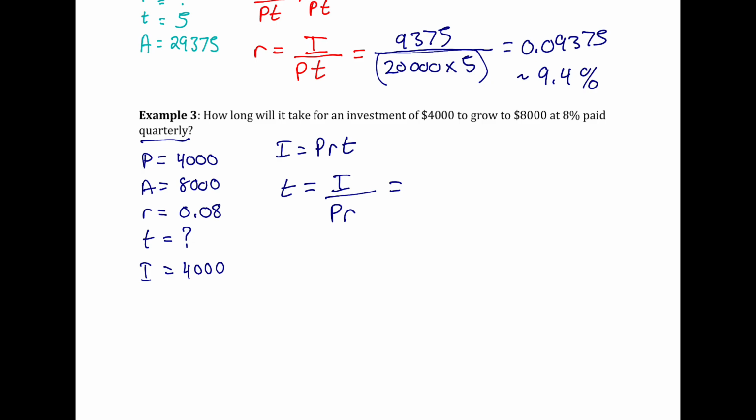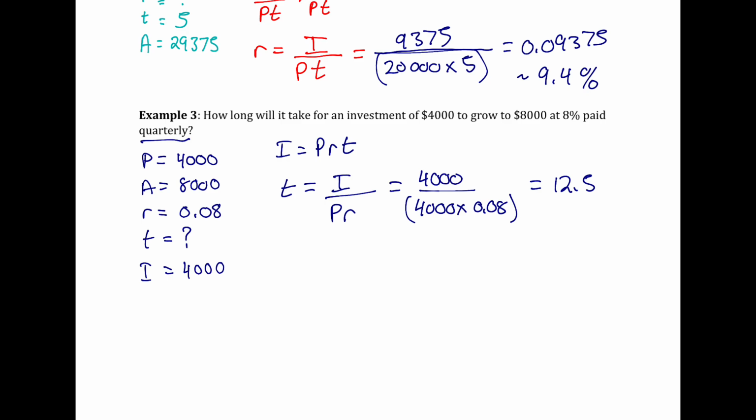If it's not the first way, then it's I divided by the other 2. That's how it always works. So I in this case is 4,000, and this one is going to be 4,000 times 0.08 on the bottom. So now it's just a matter of mathing this. This number divided by this number should be 12.5.